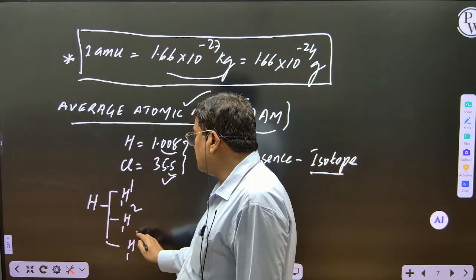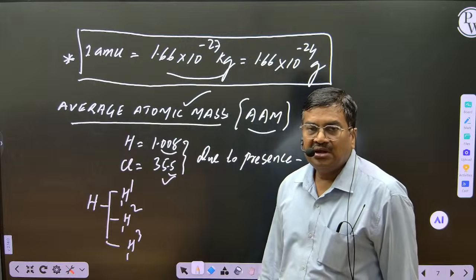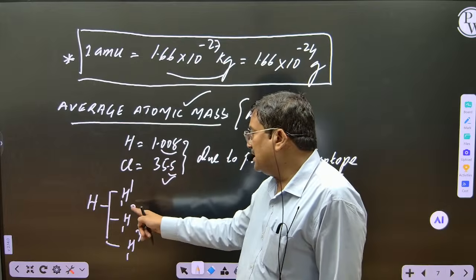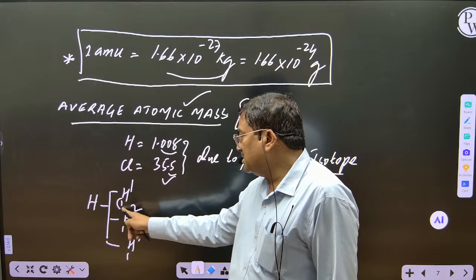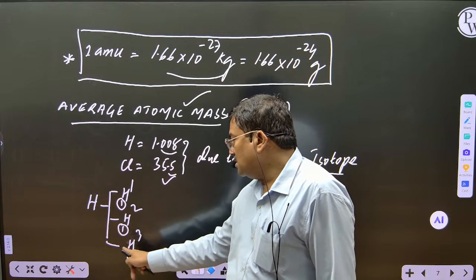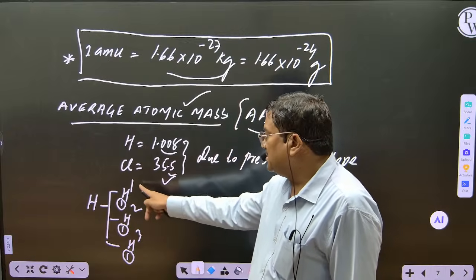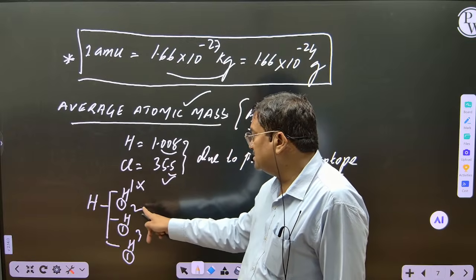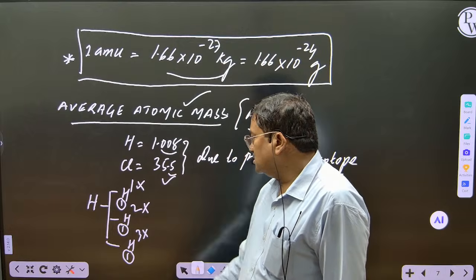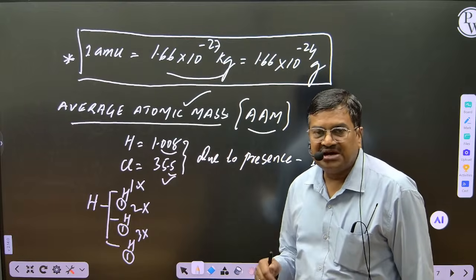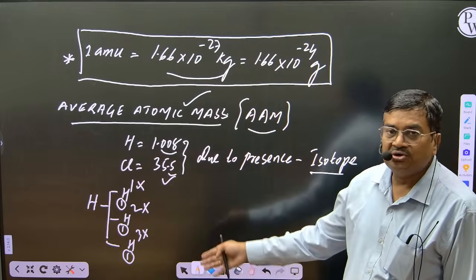Tritium is a radioactive isotope. Radioactive means it is unstable. Here atomic number remains the same, but mass number is not the same. If the atomic number is the same and mass number is different, such atoms are called isotopes.